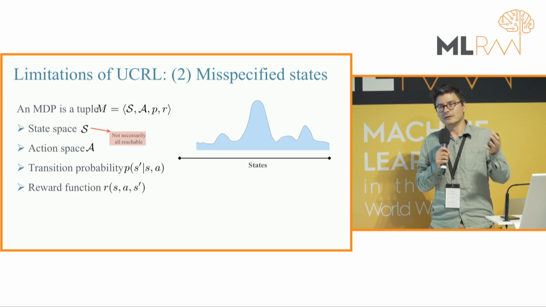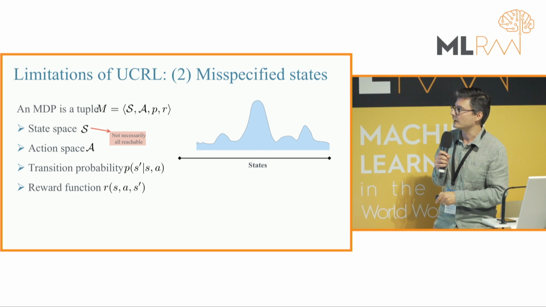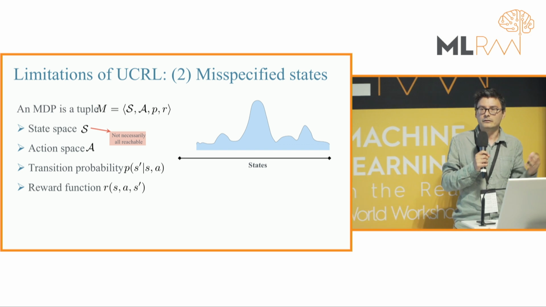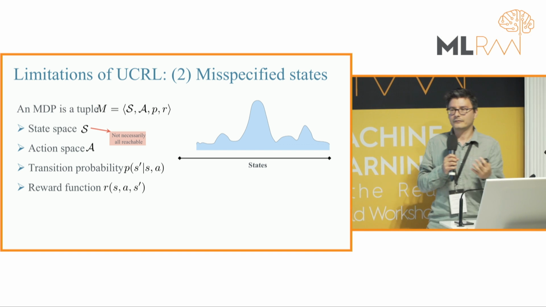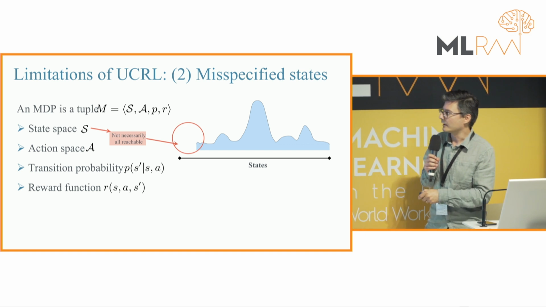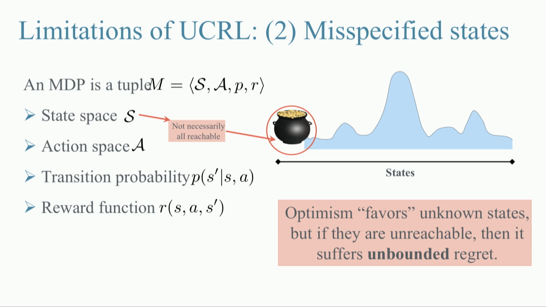But from the learning agent's point of view, as soon as the learning agent receives as input these states, it assumes by definition that these are things that potentially are useful to reach. And if I have an optimistic approach, and here basically in the picture means that I define the states also in this area which actually don't exist, they cannot be reached. An optimistic approach would say, oh, I don't know much about what happens when I'm in the column.